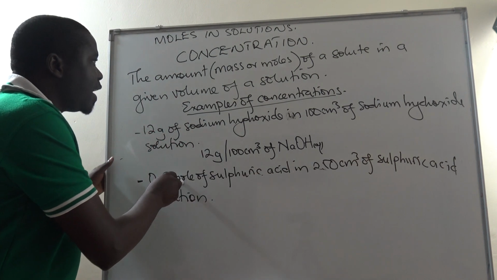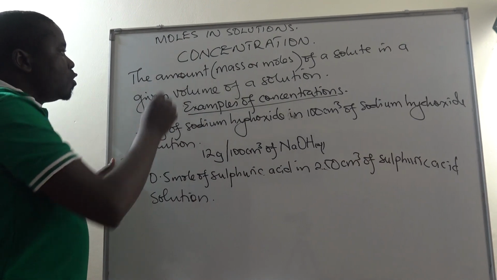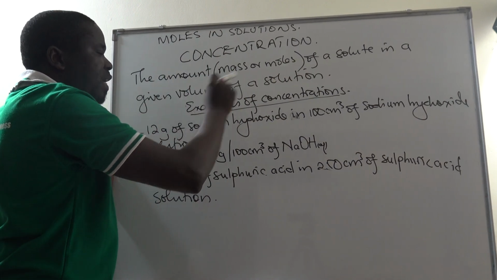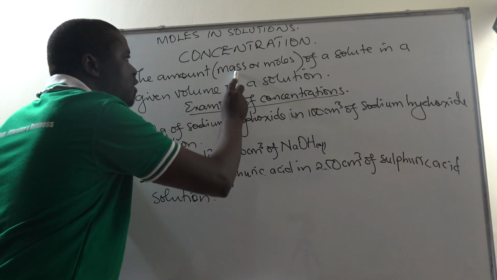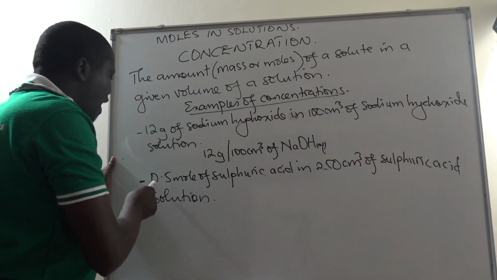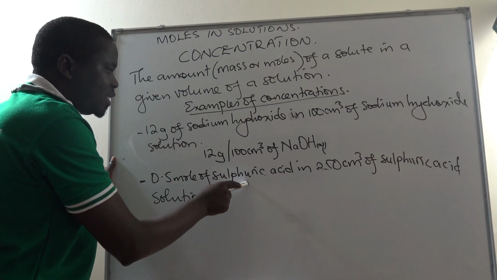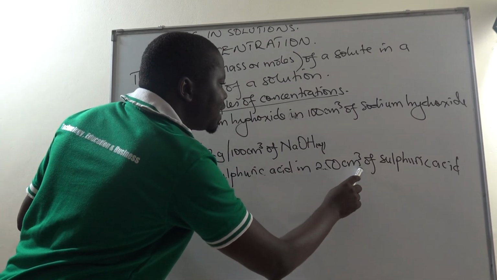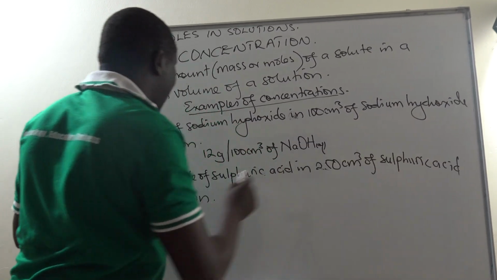So this mole here is also an amount, because we say that the amount of the solute can be either mass or moles. So here we have half a mole of sulfuric acid dissolved in water to make 250 cubic centimeters of the solution of sulfuric acid.